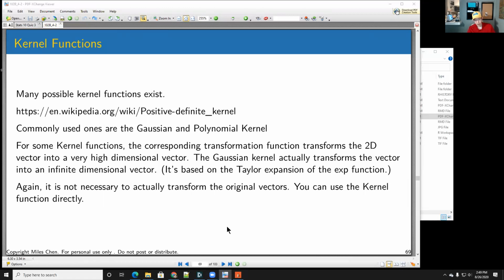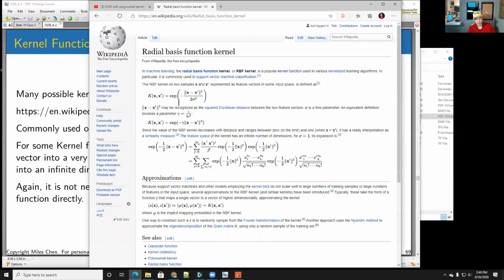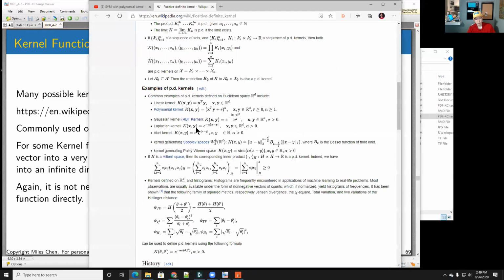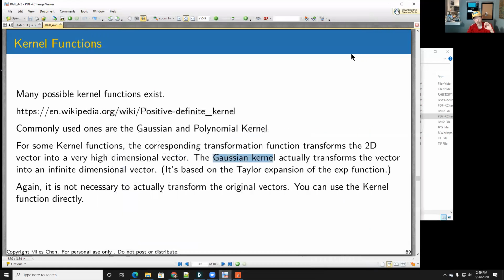One of the most popular kernels is known as the Gaussian kernel, also called the radial basis function kernel. This is a transformation that actually exists in infinite dimensions. If you think of the exponential function, there is a Taylor expansion of the exponential function, and that's an infinitely long expansion.